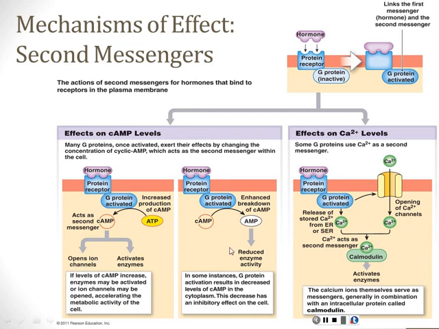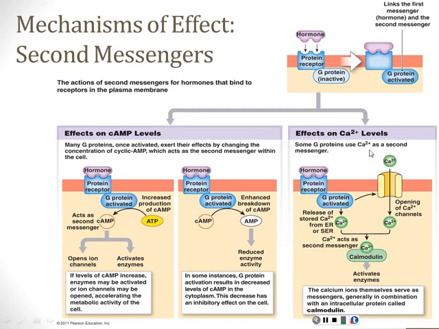This would be inhibitory. The first messenger causes a decrease in the second messenger, which in this case is cyclic AMP. So that's going to reduce the activation of enzymes. So it's going to sort of turn that cell down. So this is one second messenger system using cyclic AMP as that second messenger.